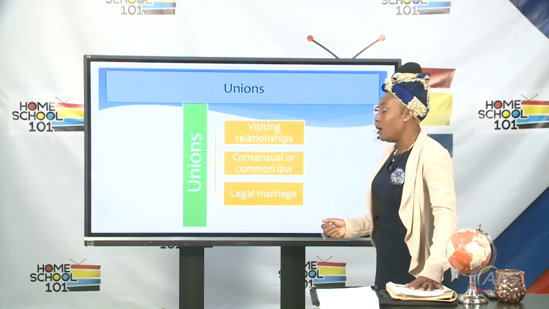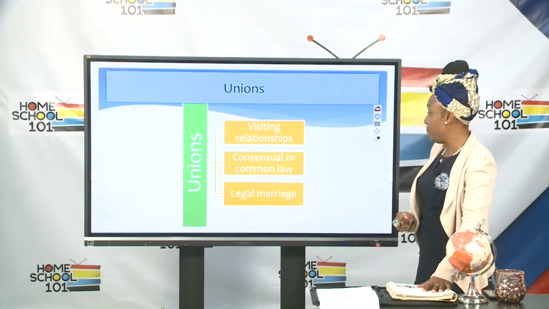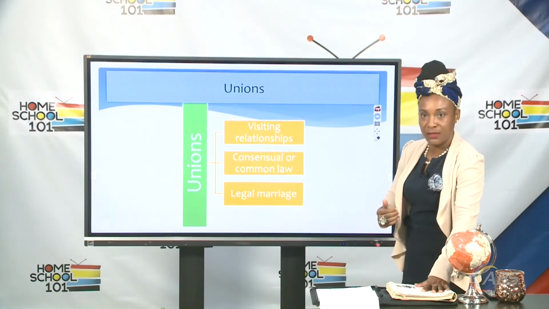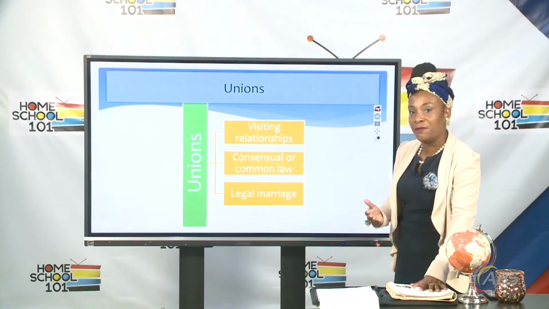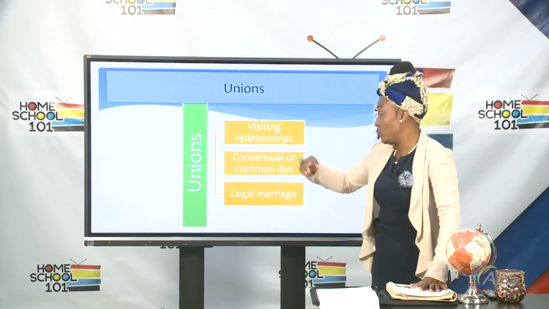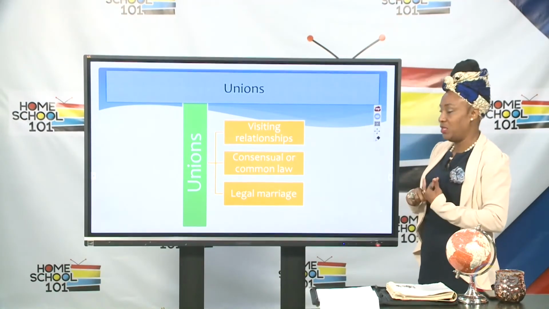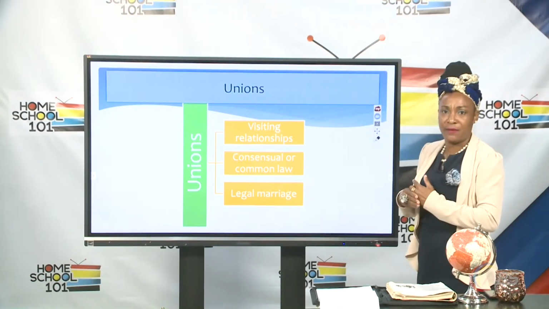Consensual or common law, this is quite prevalent in our society, where they have adults living together, man and woman living together. They're not legally married, but they're living together long enough to be known as common law, but they're not legally married to each other. By law, they're not identified as husband and wife, okay?